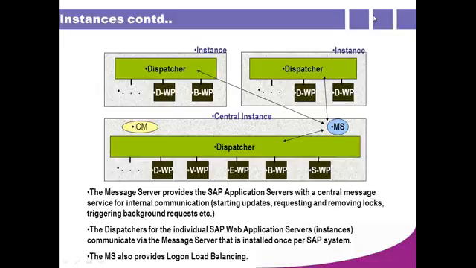However, these 3 may be installed in 3 separate boxes, or 3 instances installed in a single box, not a problem. But we have 3 instances because we are seeing 3 dispatchers.